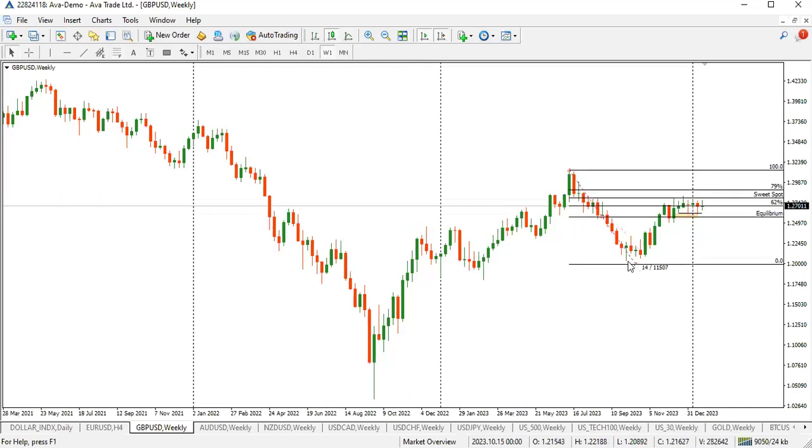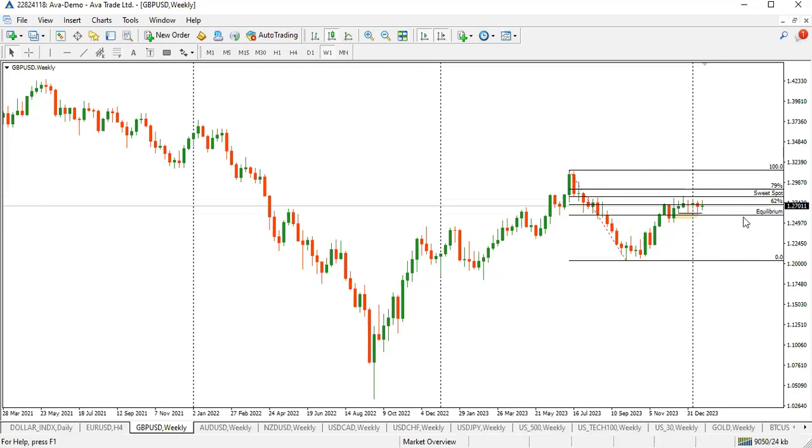So essentially, we are just a little above the equilibrium. We've been trading at this level since December. At least since November, it's been consolidating around this level.